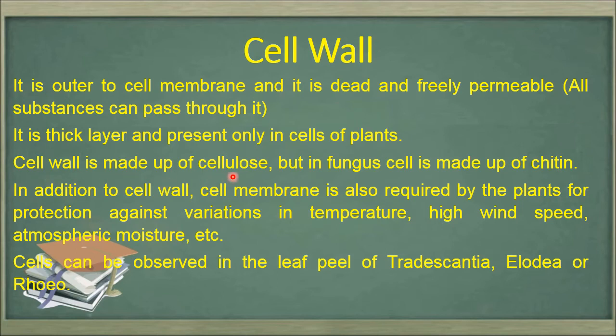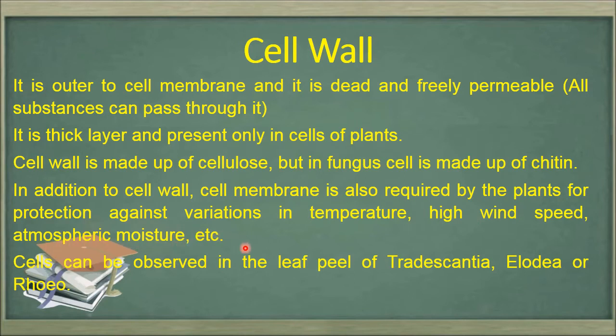The cell wall is made up of cellulose, but in fungus cells it is made up of chitin. So it's made up of some other material, whereas in all the remaining plant cells it's made up of cellulose. In addition to the cell wall, the cell membrane is also required by the plants for protection against variation in temperature, high wind speed and atmospheric moisture.